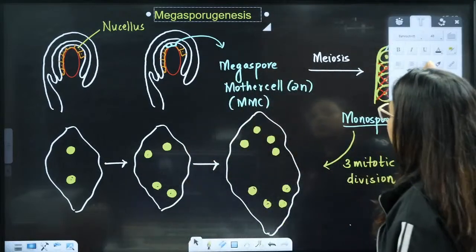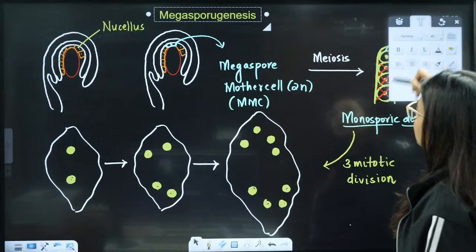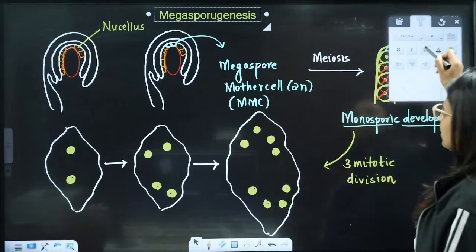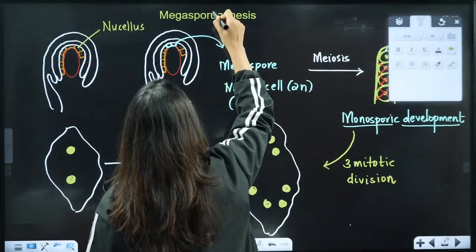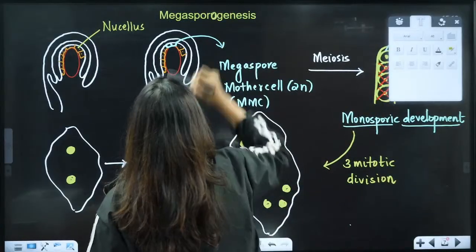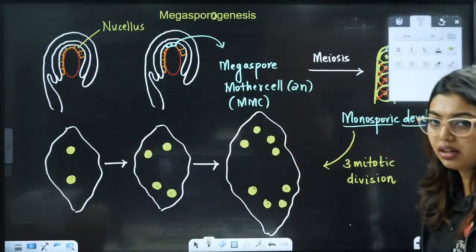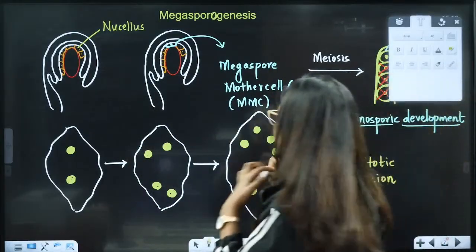Let's try now. Some problem happened, no? You people put nazar, that you ma'am was so excited, so it went wrong. Megasporogenesis. Clear? Done? So sorry I took some time off yours.